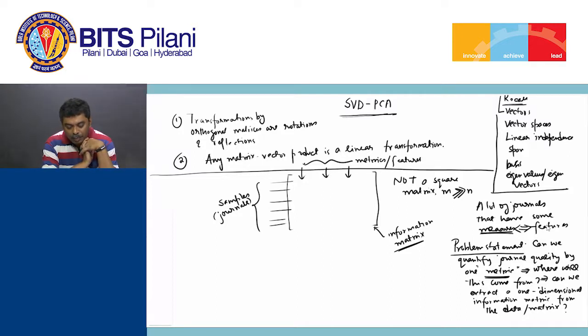Now the problem here is the matrix is not a square matrix, because as I already told you, the number of rows are way larger than the number of columns. So since you cannot compute the eigenvalues, can we compute something else? And based on that something else, can you relate back to the information matrix given to us and figure out, based on those values, if we sort them in descending order, whether we can club journals.